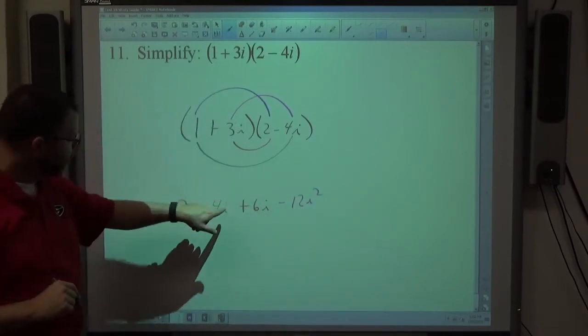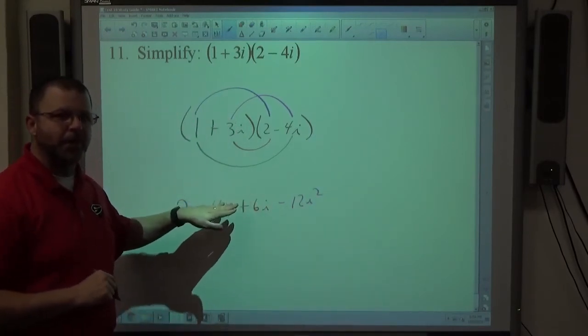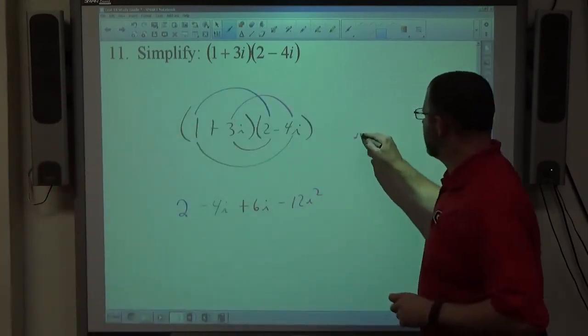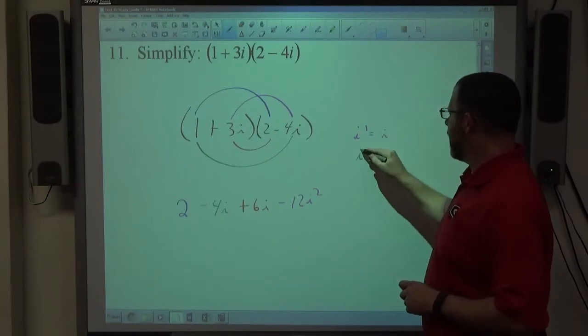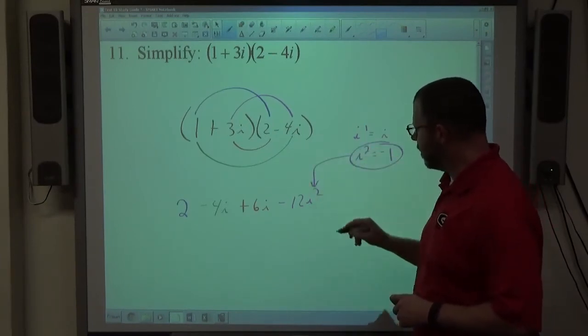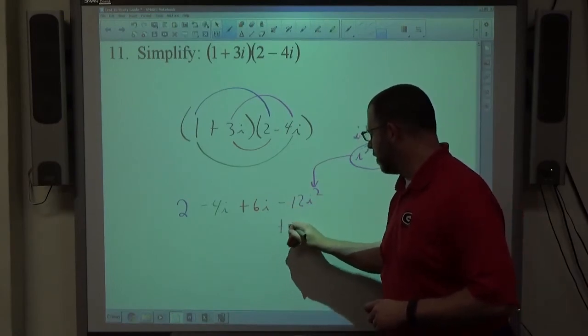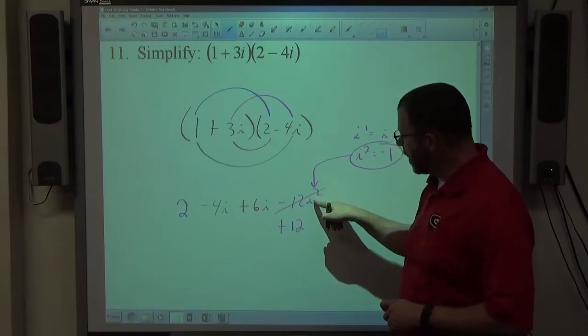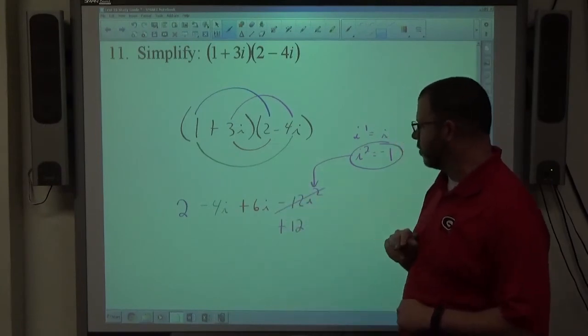2 is real, 4i and 6i are both imaginary to the first power. They're all good. 12i squared we need to fix, and we know that i to the first is i, and i squared is equal to negative 1. So this fact goes here. That makes this whole term become plus 12. So instead of minus 12i squared, i squared is negative 1 times negative 12 makes positive 12.